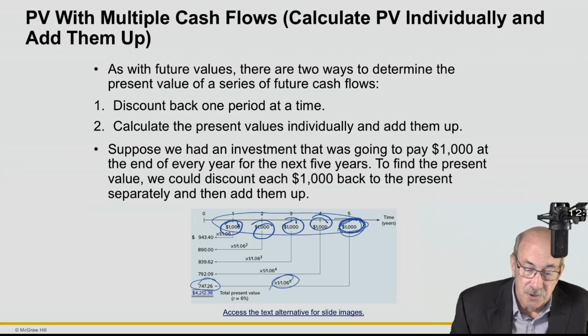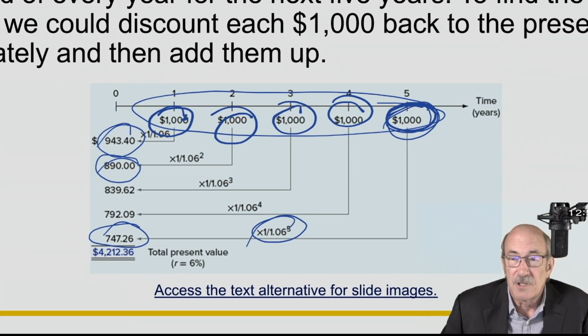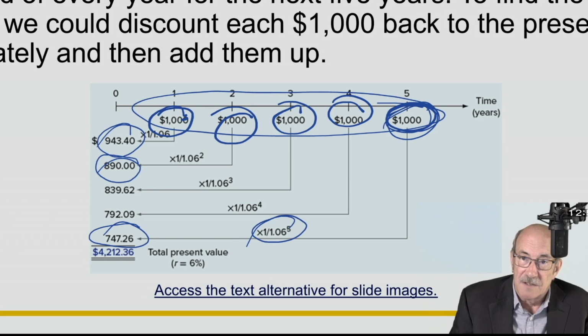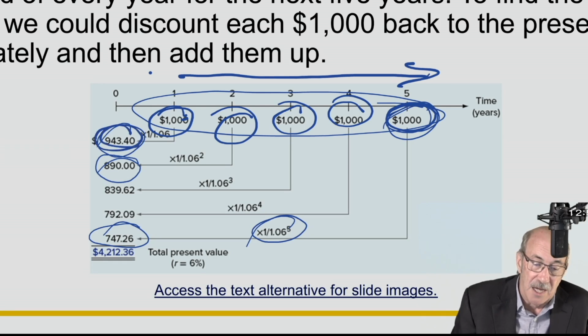Obviously, the closer cash flows are worth more, $890, $943.40, and so on. Let me blow that up so that you can see those a little more clearly. So note, as the cash flow moves further away from us, right, in this direction, the present value of that cash flow declines. Right?